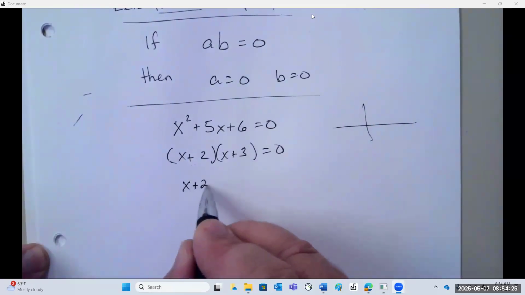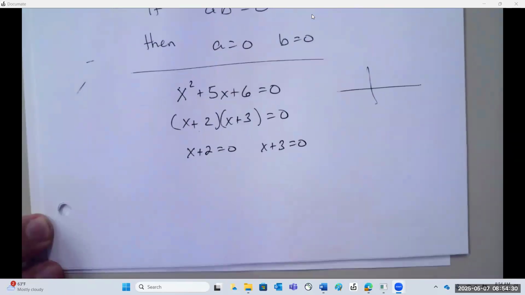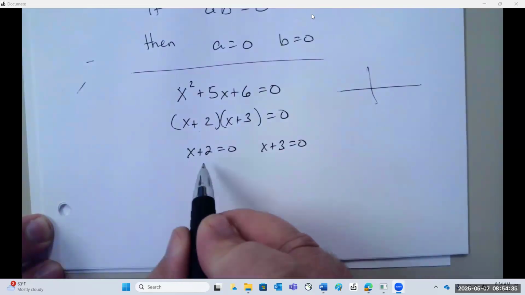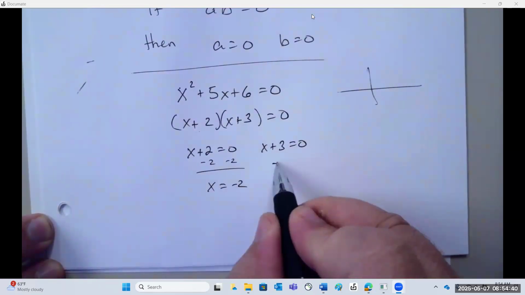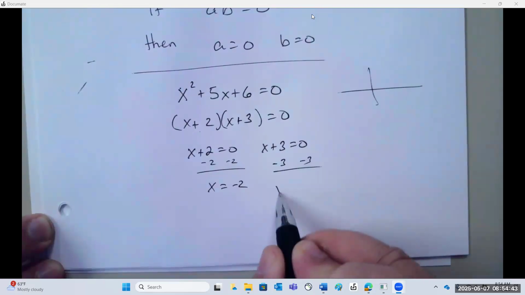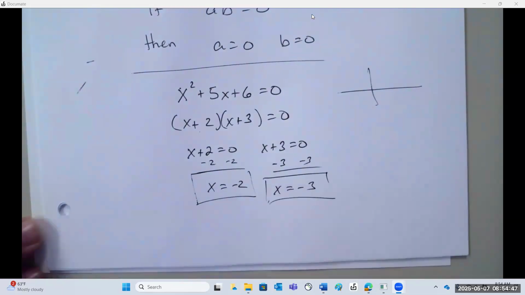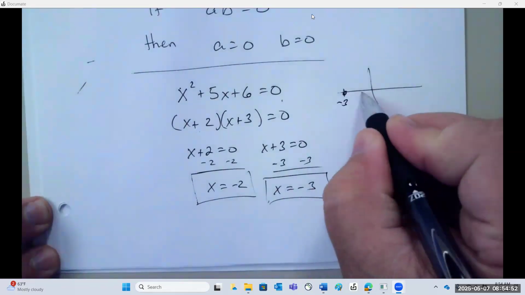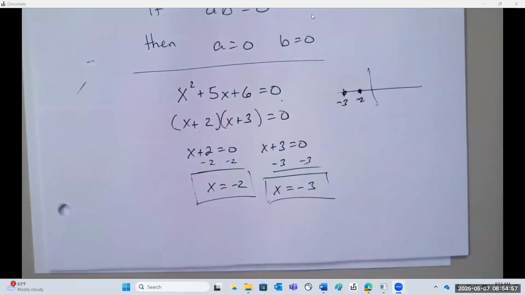So x plus 2 equals 0 and x plus 3 equals 0. I solved for these. How do I get x by itself? Subtract 2, so x equals -2, and do this one, subtract 3. x equals -3. So this is where my graph is equal to 0, at -3 and -2. So that's the powerful reason why we use these.